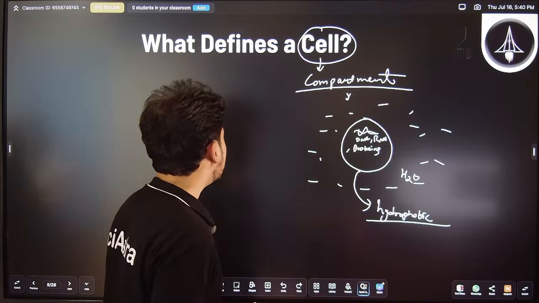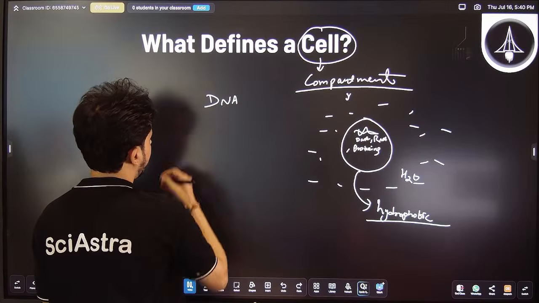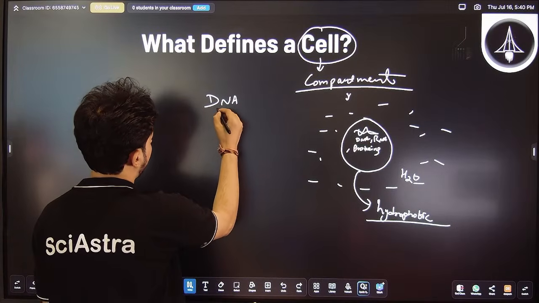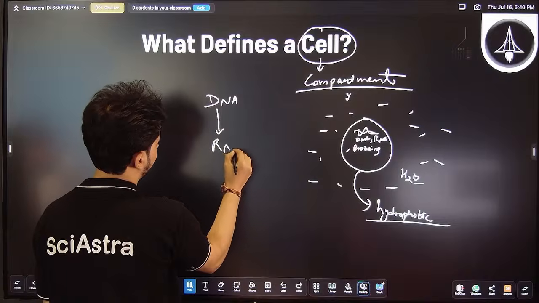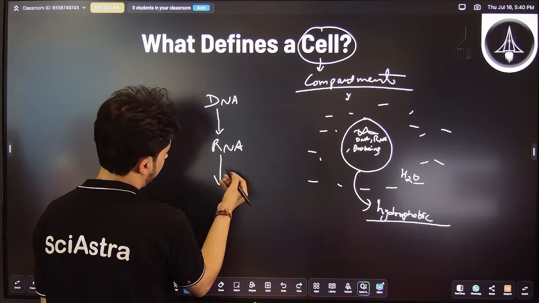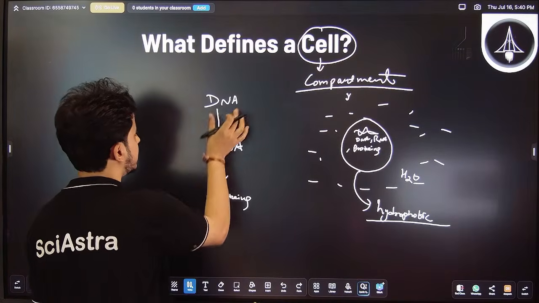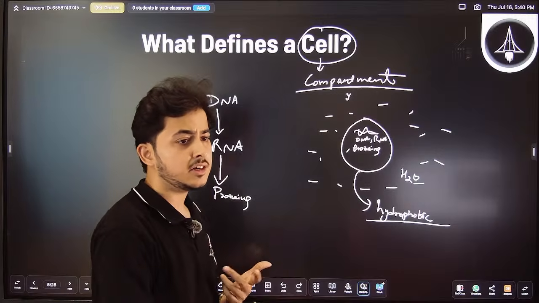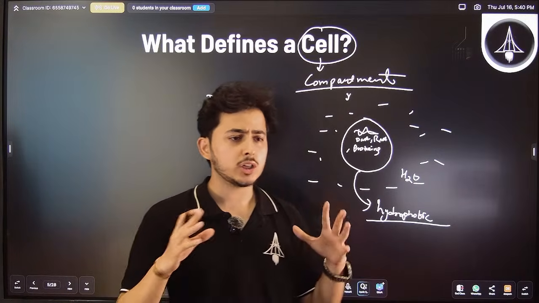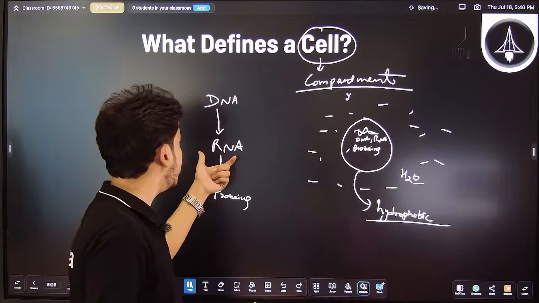If you want to understand it in simple terms, think of a movie. DNA is the director of life, which has all the information for life to sustain and function. RNA is made from DNA, and proteins are made from RNA.